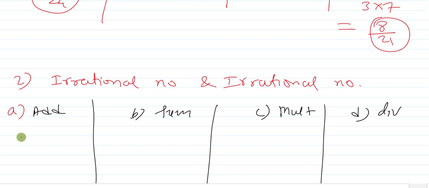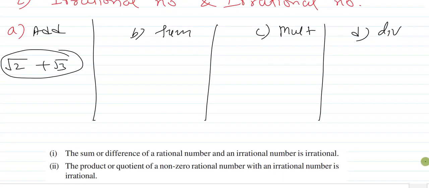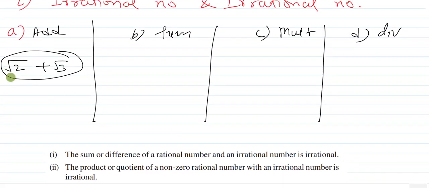If we add two irrational numbers, the best example will be root 2 and root 3. What will be the answer? It will also be an irrational number, right? How? We know that root 2 is 1.41 something and root 3 is 1.71 something. Something means as it is an irrational number, it will not repeat and it will not terminate.